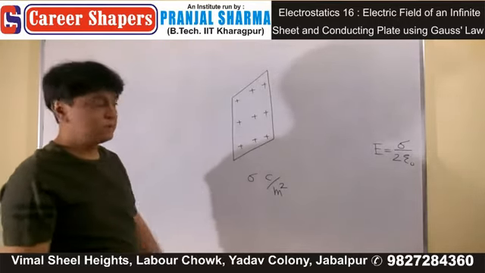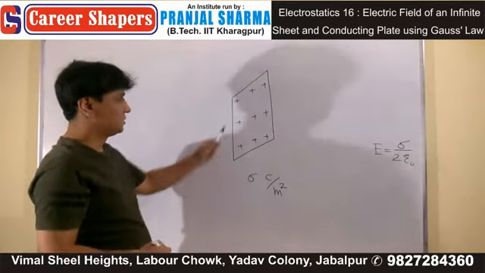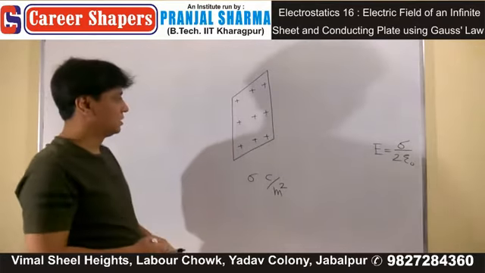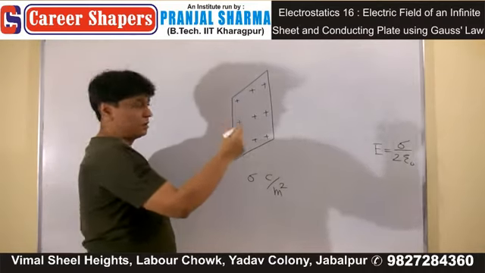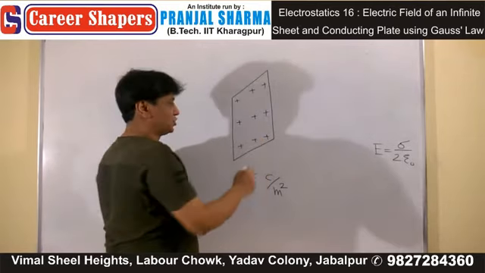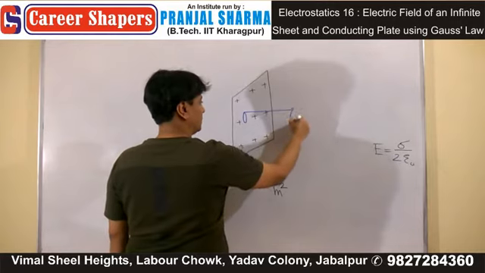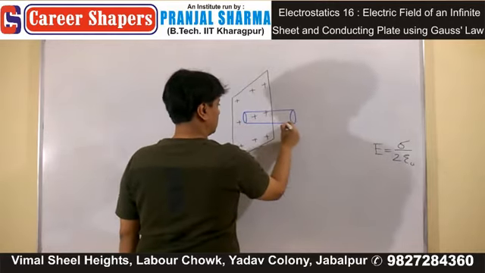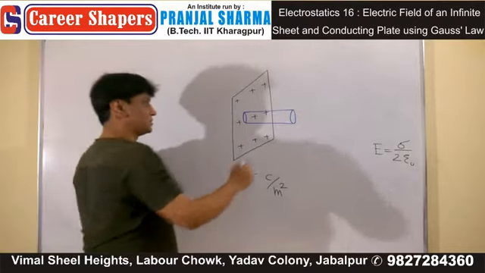I told you that for this type of surface, for this type of charge, we will draw a Gaussian surface which is in the form of a cylinder. This is the cylindrical Gaussian surface.